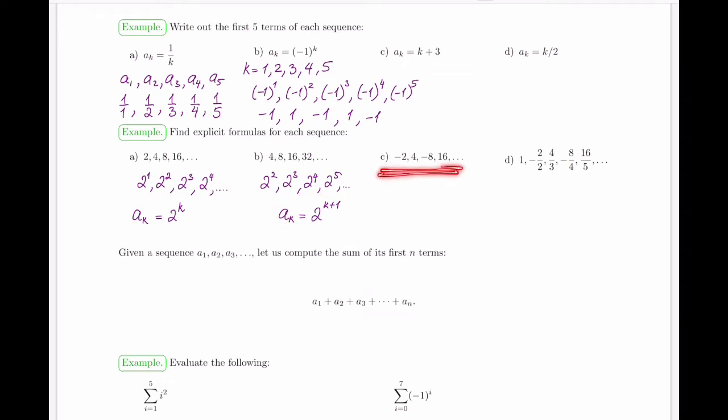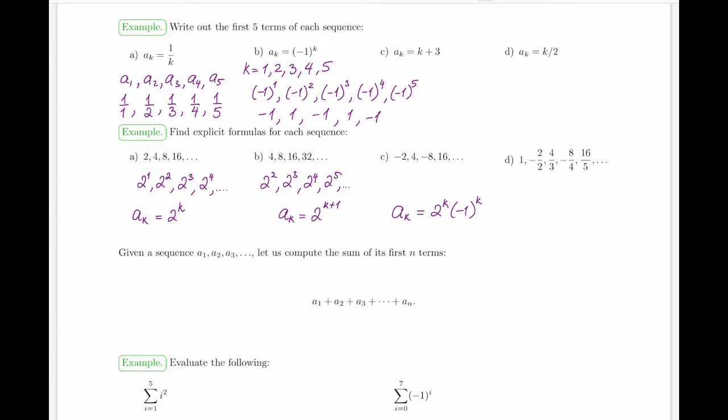Now we have this plus-minus alternation happening. But the numbers themselves are exactly the same as in part A of this example. So it looks like I'm able to keep the exact same format, except now I also have to go minus, plus, and so on. So this is where my -1 to some power will come in handy.